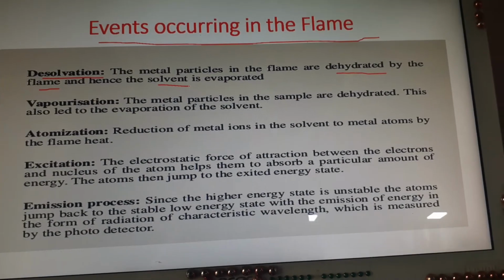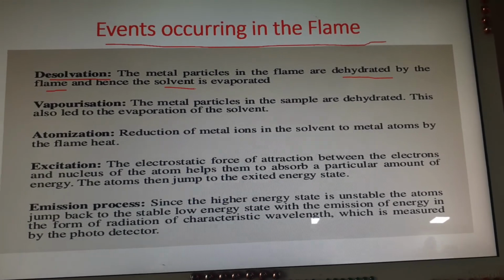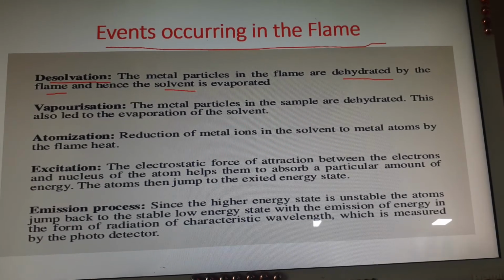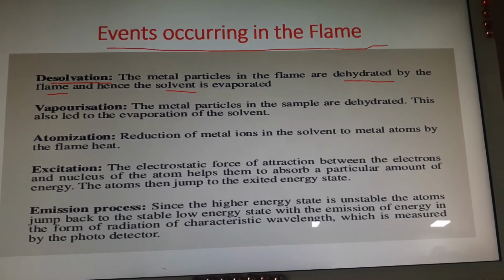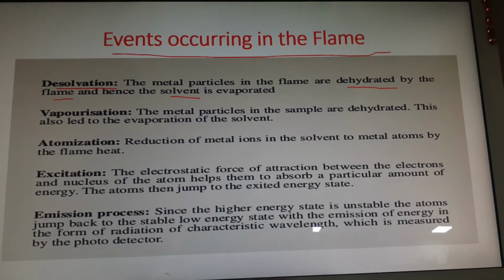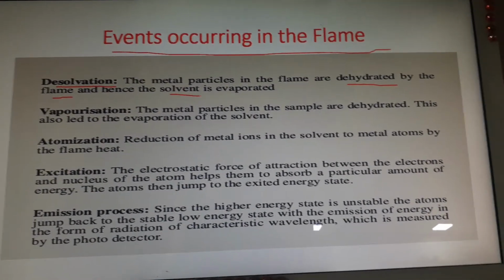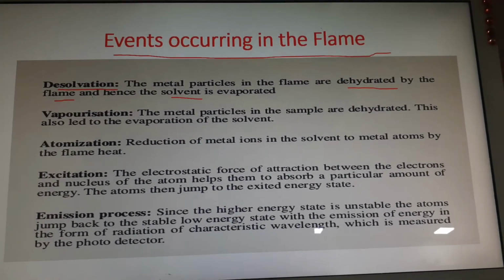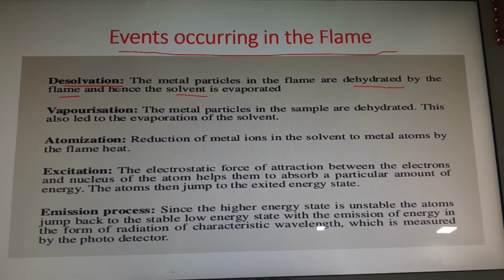We have prepared a mixture which consists of the specific metal which has to be identified, dissolved in a particular solvent. When this mixture goes into the flame, the first process that takes place is the evaporation of the solvent. That is called desolvation. D is for removal of the solvent.